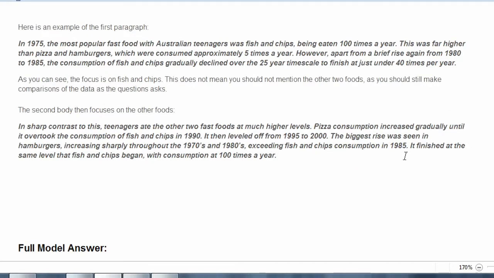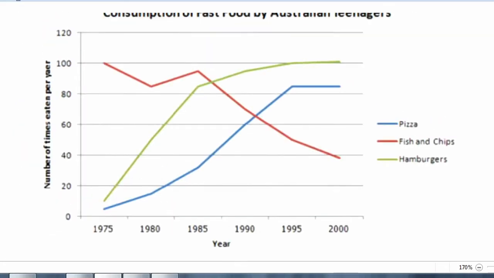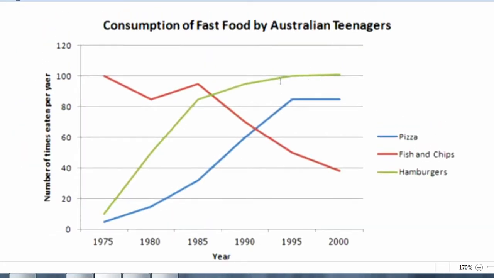So we can say that it's been the most popular, at the same level that fish and chips began, with consumption at 100 times a year. It crossed that level and overtook it. So this is how we are talking about the general details. And of course, if there are other items, we can also include them side by side, but this is just an example.